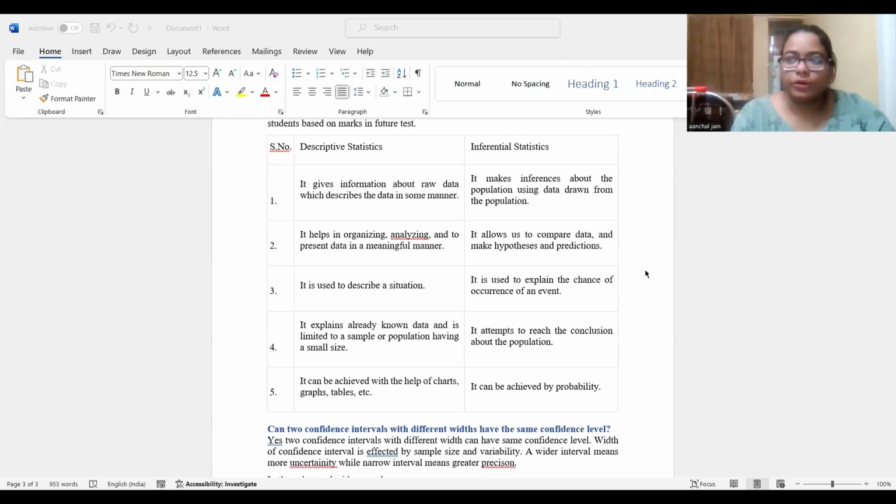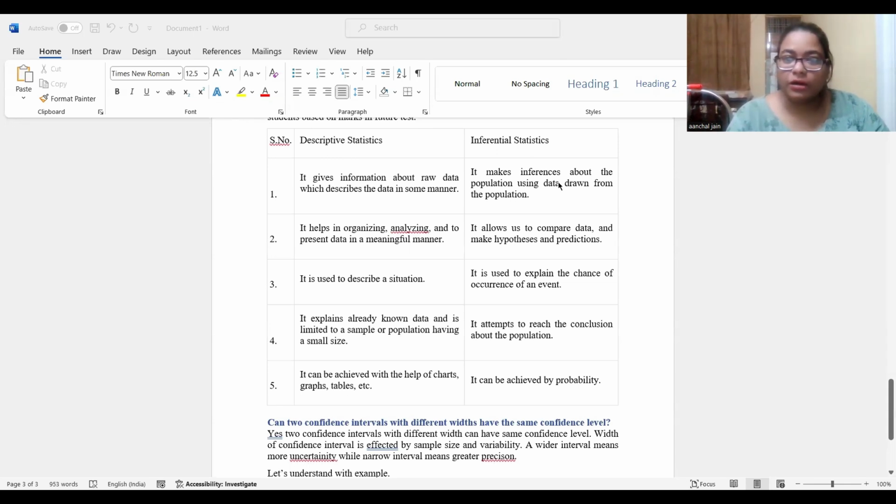To understand more about descriptive and inferential statistics and their differences: descriptive statistics gives information about the raw data, presented in some manner, while inferential statistics makes predictions about the population using data drawn from the population.